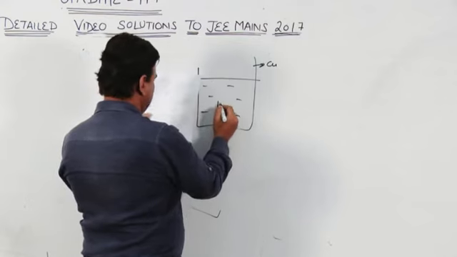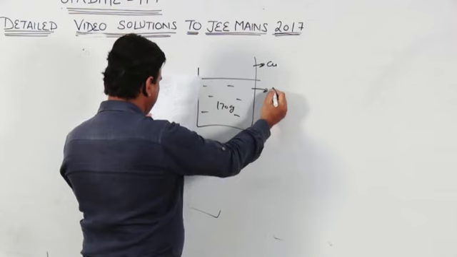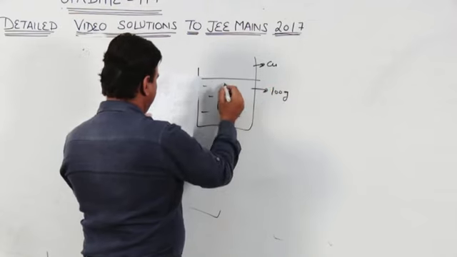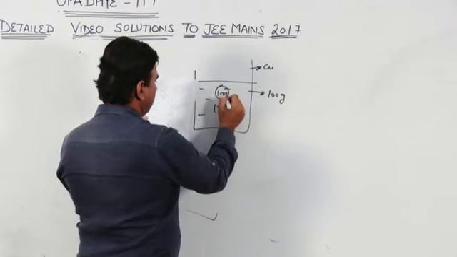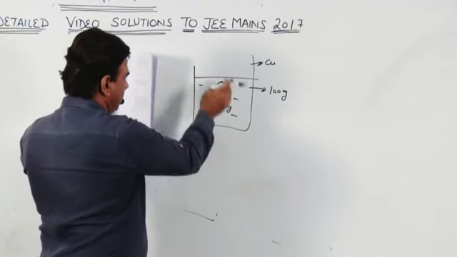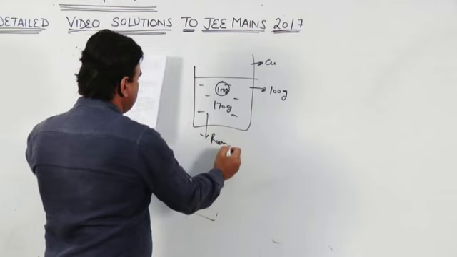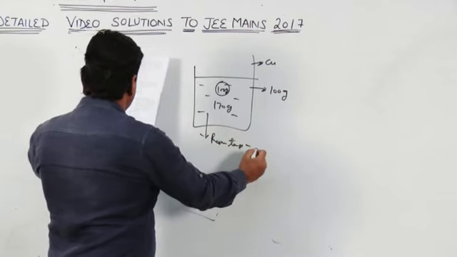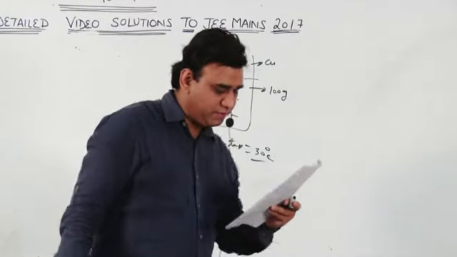Water quantity is 170 gram, this calorimeter is 100 gram, and the ball of copper is also 100 gram. It is given that the system was initially kept at room temperature, which was 30 degrees C, and the final temperature reached is 75 degrees C.